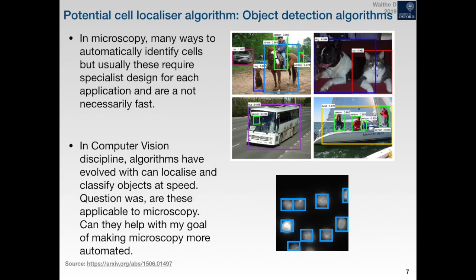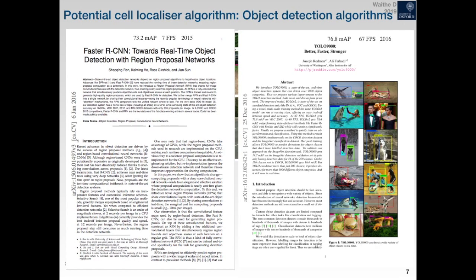So we wanted to know how well we could actually use this technology without having a lot of data. That was the question. So I took some of the leading algorithms. We took Faster R-CNN, we took RetinaNet, we took YOLO. These are leading algorithms within the world of computer vision and photography object detection.